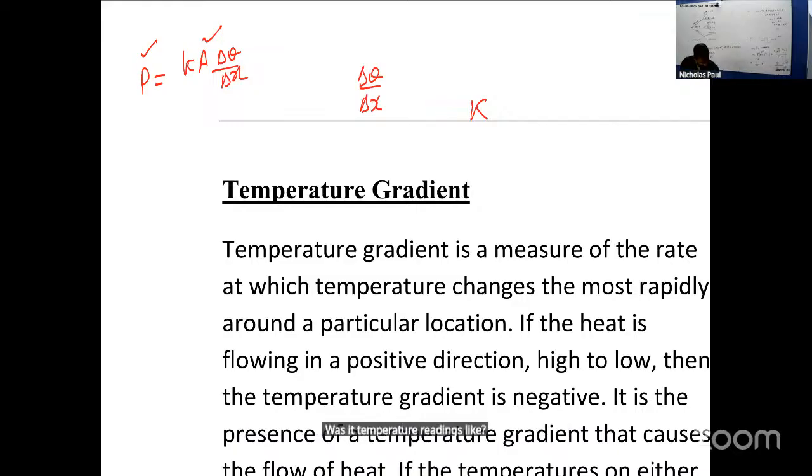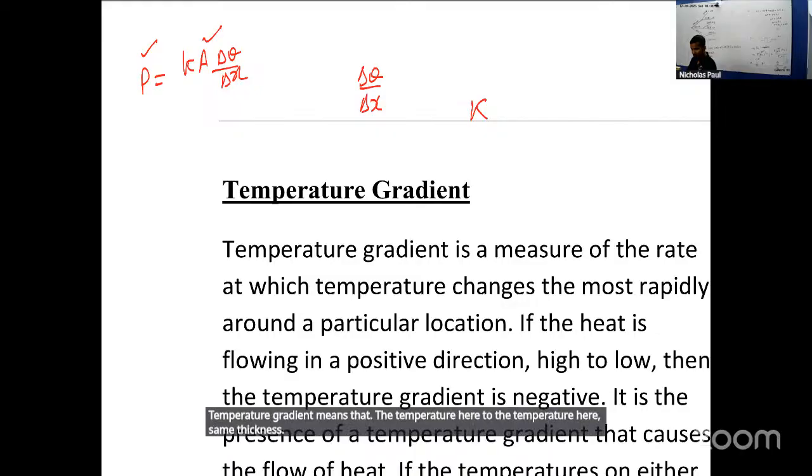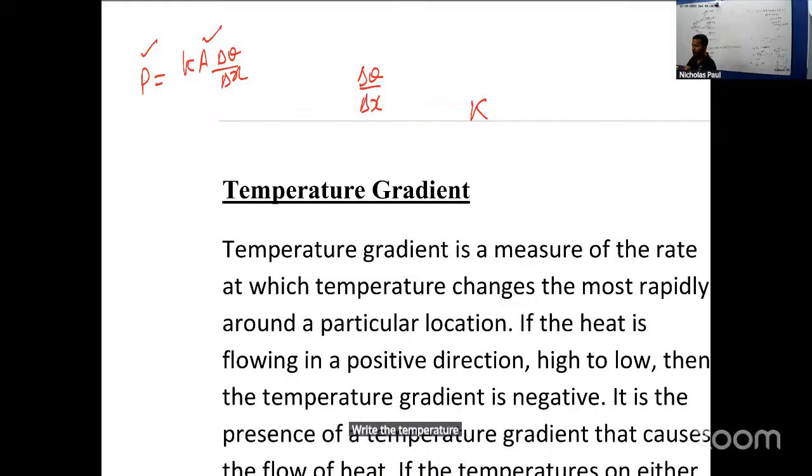Temperature gradient means this, right? Temperature gradient means the temperature here to the temperature here, same thickness, right? A high temperature gradient means the temperature difference is much larger. So if something has a high temperature gradient and the thickness is the same, then here will be high and here is low, right? Because the gradient is much larger.